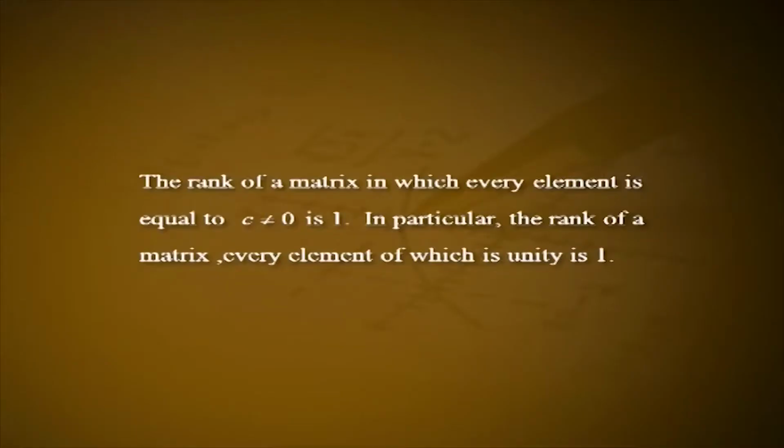Theorem: the rank of a matrix in which every element is equal to C not equal to 0 is 1. In particular, the rank of a matrix every element of which is unity is 1. Proof: let A be a matrix with every entry equal to a constant, say C not equal to 0.